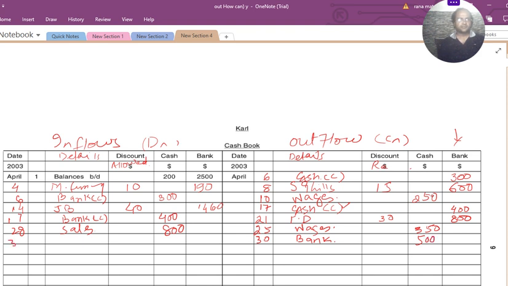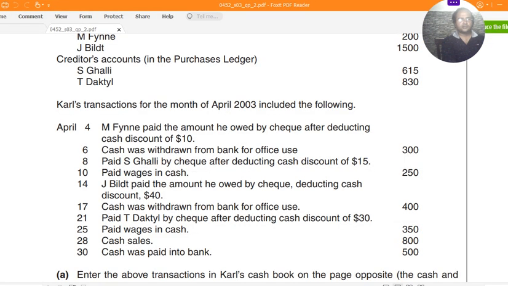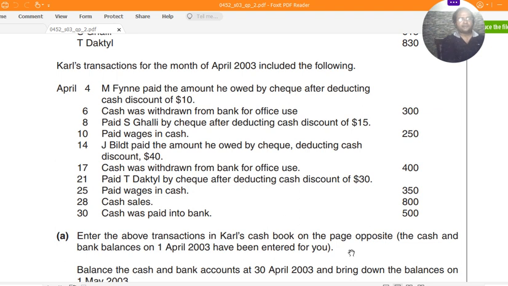And here on the 30th our bank increases because we deposited cash into the bank. And here we complete entering the above transactions into the cash book.